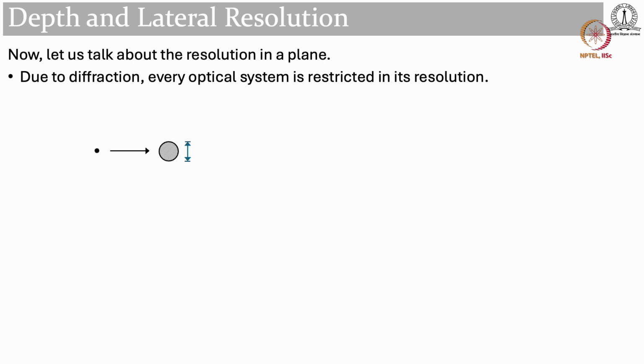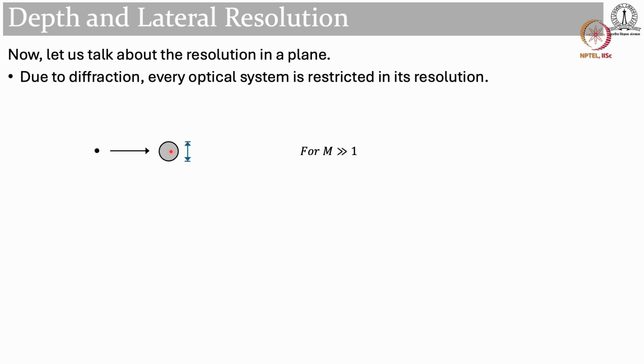Suppose you have some diameter, I'll just turn on my pointer. There is a diameter of this point, but actually you see something else, basically an enlarged image of this, like a spot size feature, and this is actually the point spread function.